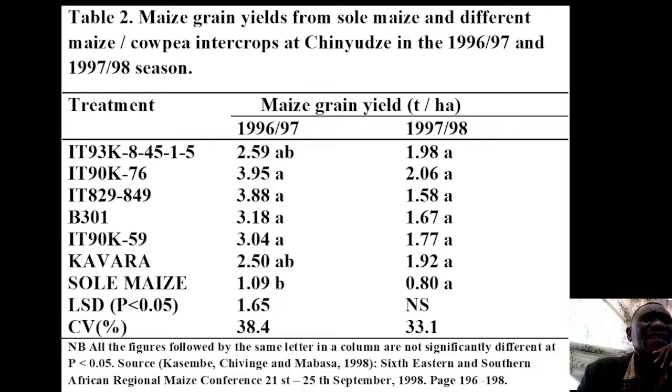Even in 1997-98, although there were no significant differences, higher maize yields were achieved when there was cowpea. In this case, the cowpea was reducing the impact of the Striga.